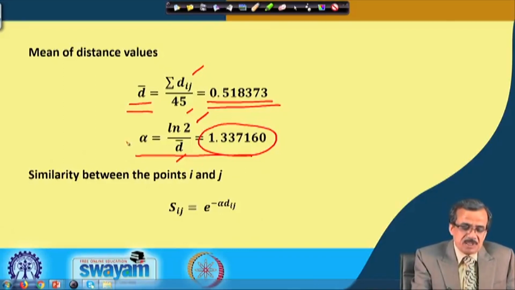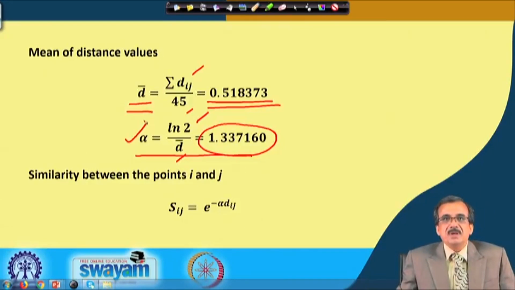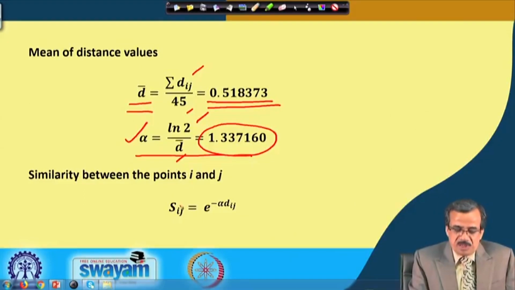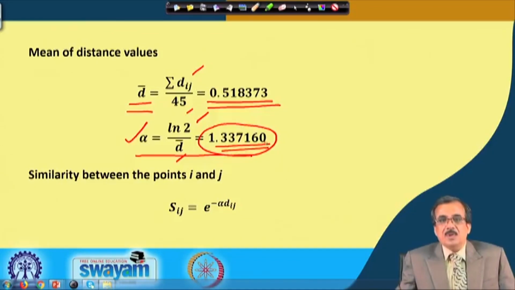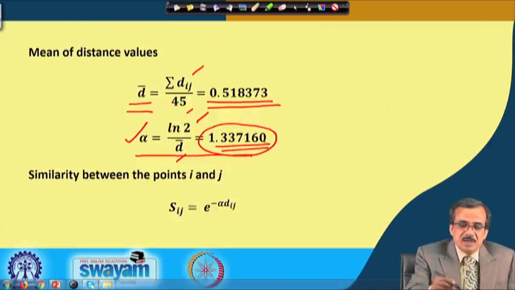Once you have got this value for alpha, now we are in a position to calculate the similarity, that is S_ij, and that is nothing but e raised to the power minus alpha d_ij, and alpha is equal to 1.337160.